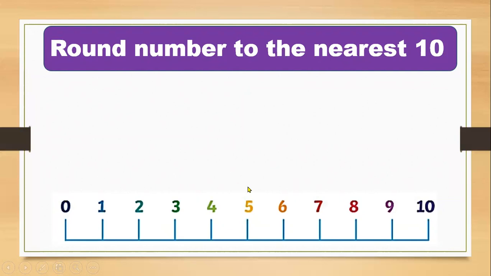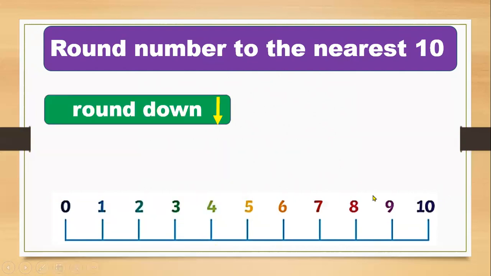And if your number is 5 or more than 5, bigger than 5, you have to round up. Like 6 is bigger than 5, so you round up to 10. Same with 8, which comes after 5, so you round up to 10. If your number is 5, you also round up to 10.